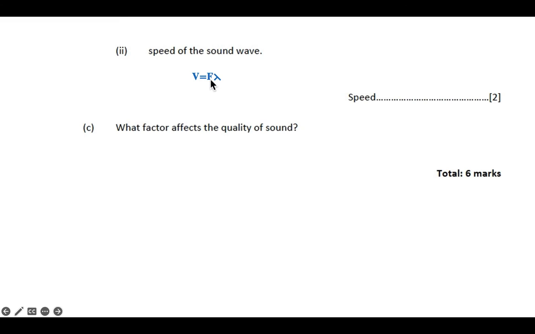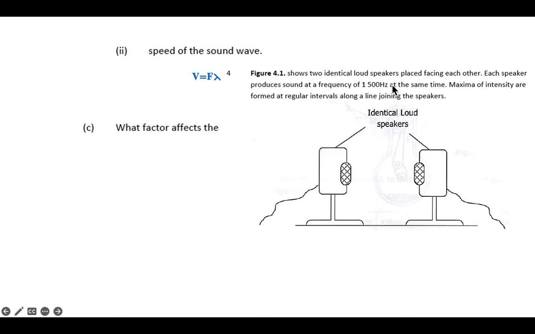So we can see from here that the frequency given in the question, if we review the question, figure 4.1, shows two identical loudspeakers facing each other. Each speaker produces the sound at a frequency of 1500 Hz. So this is the actual frequency.